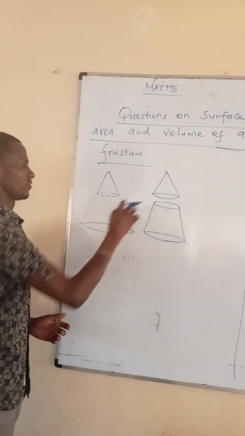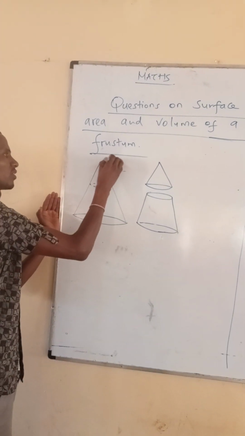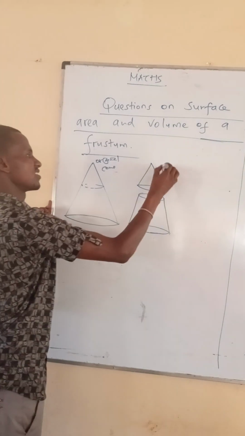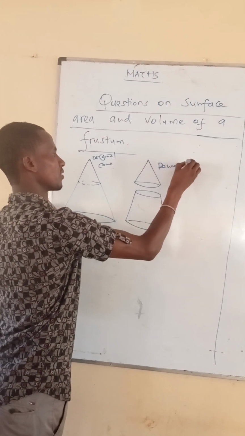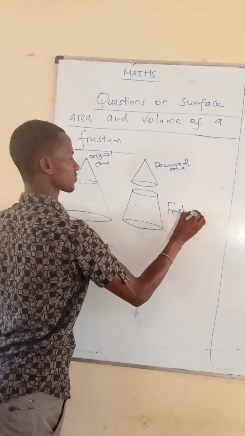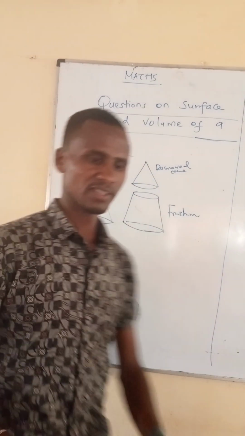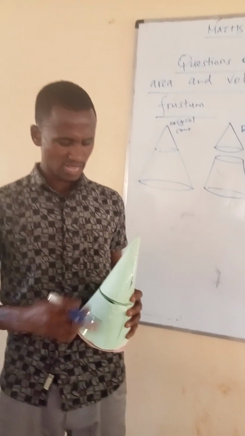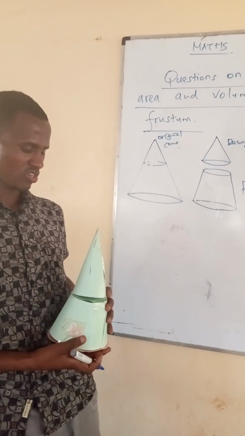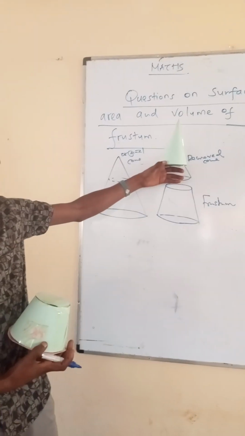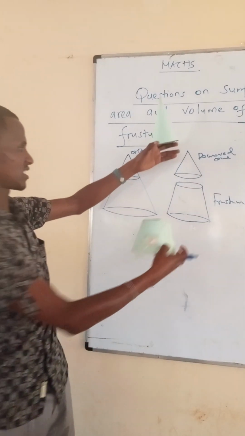So if this is your original cone, this is the removed cone, and this is what? Frustum. That is the frustum. This is what I'm saying. This is your original cone, and if you cut it along this edge, you will have this smaller cone, which is this, and a frustum.